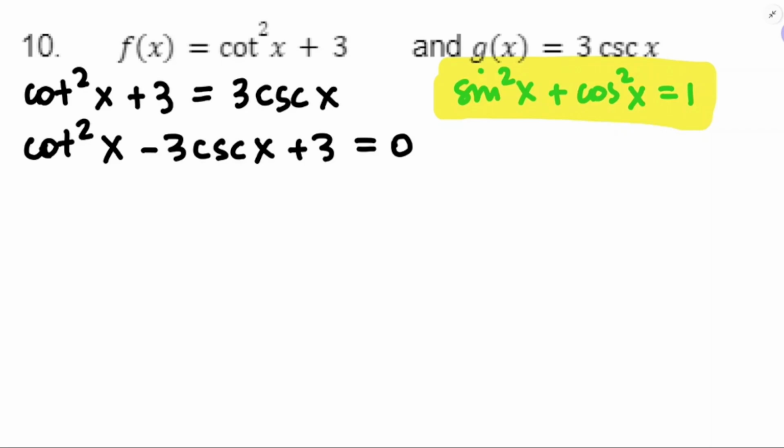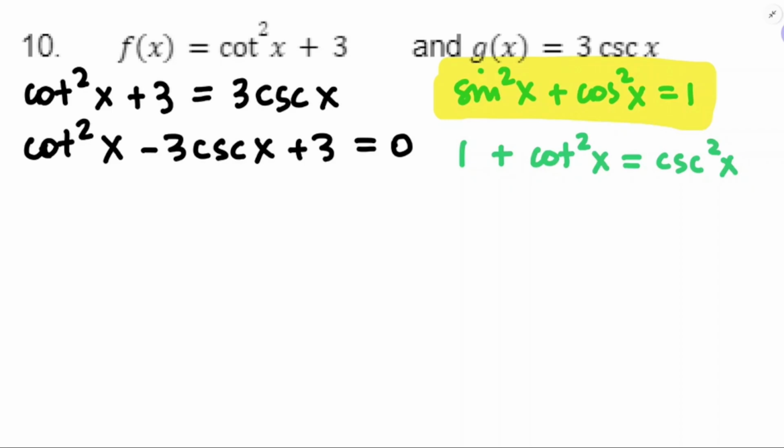We start with the one we have to know. And in this one, if I need a cotangent, I'm going to need to divide both sides by sine squared. So I'd have 1, when I get sine squared over sine squared, cosine squared over sine squared is cotangent squared, and 1 over sine squared is cosecant squared.